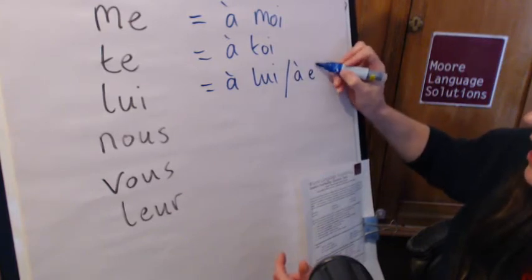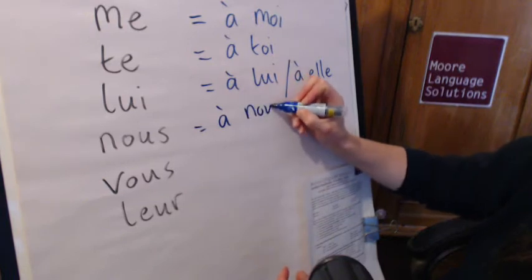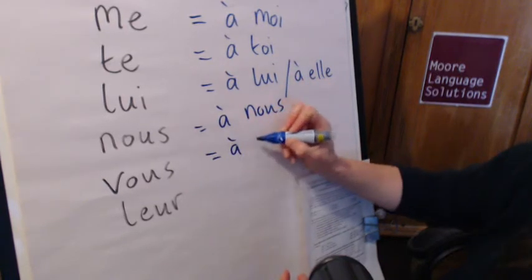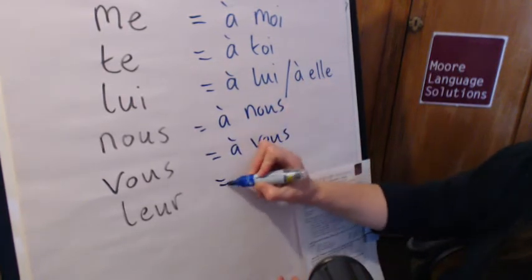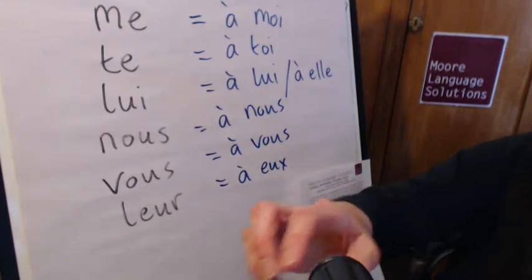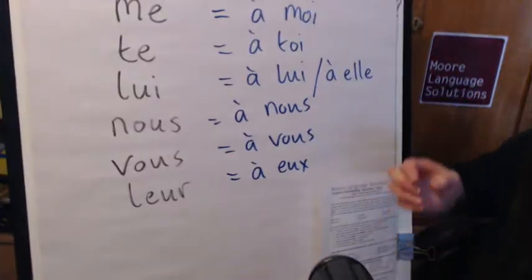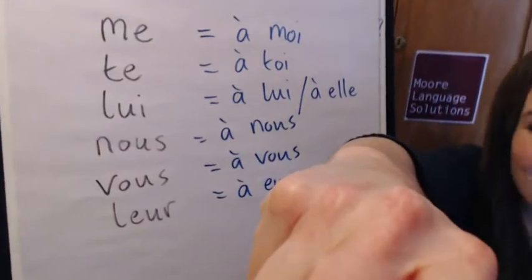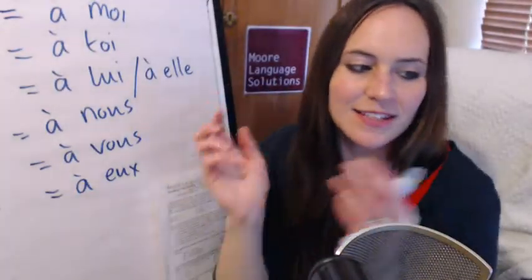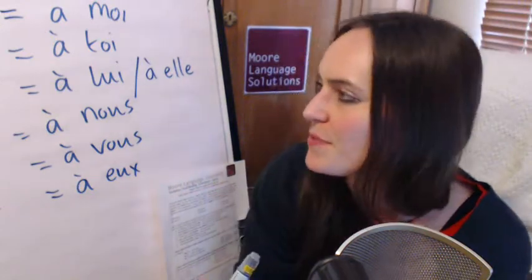À elle, à nous, à vous, à eux. Now that's a bit difficult to say, à eux, but these words should be getting more and more familiar for you. So there's not that much room in this part of my office, but c'est la vie, c'est pas grave.